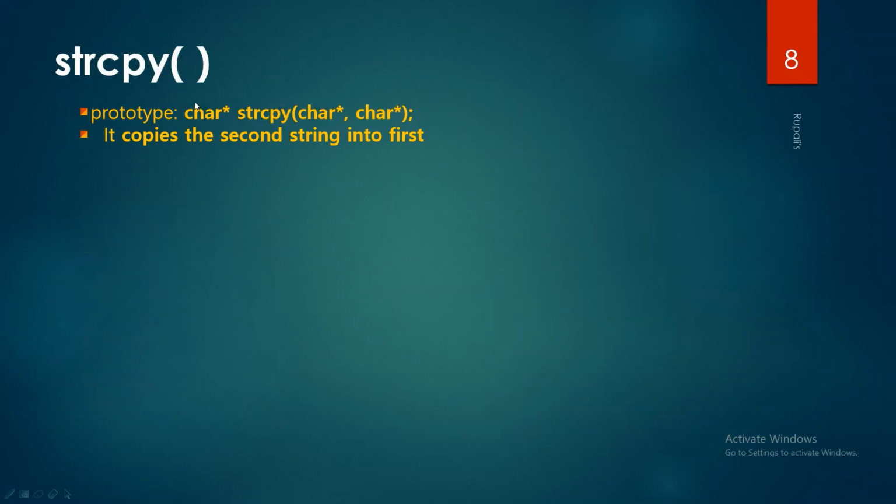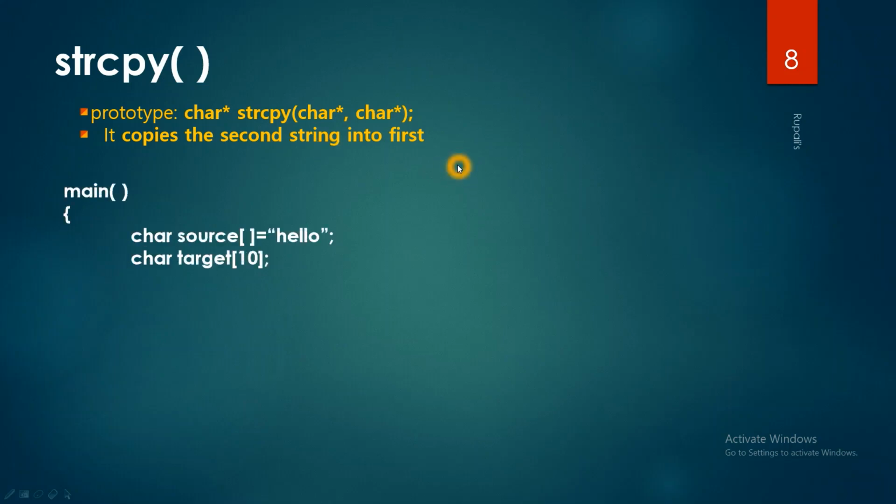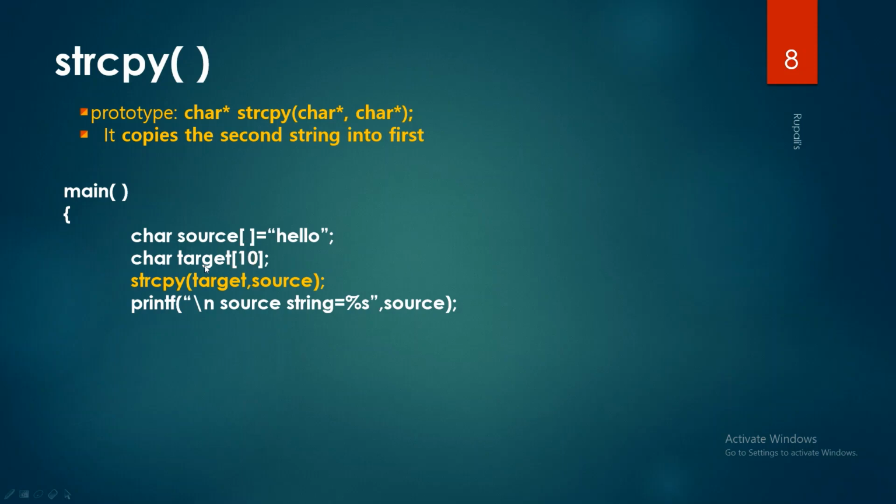Now string copy, strcpy. The parameter is char * and the return type is also char *. It copies the second string into the first. See, this is our source string hello and the target string. I am declaring the target string with 10 elements, but it is filled by garbage values. Now strcpy(target, source). First you have to write the target where you want to copy, and then the source from where you want to copy.